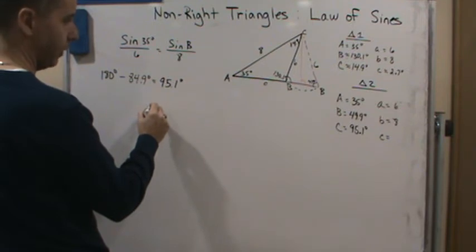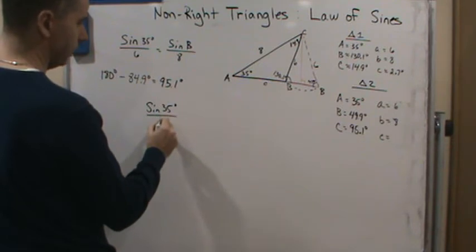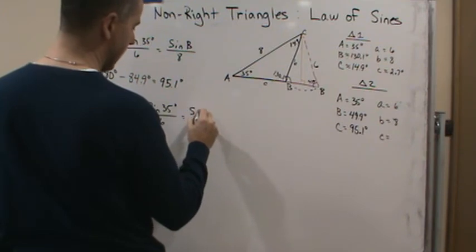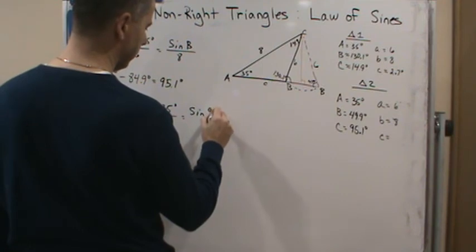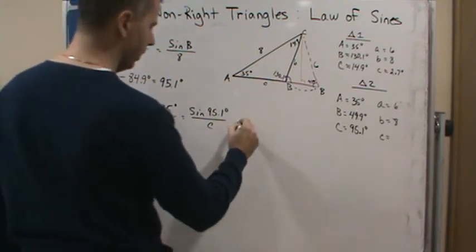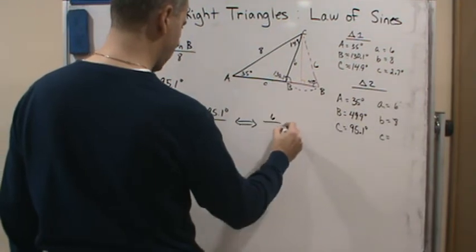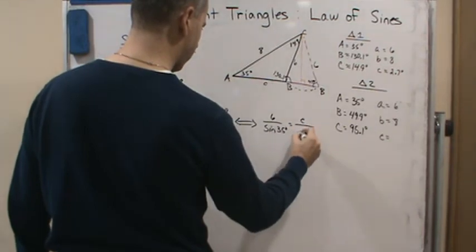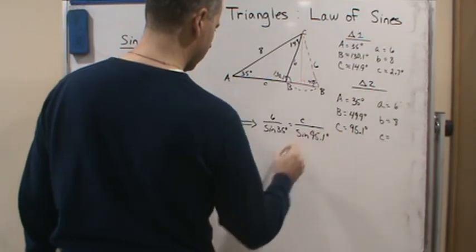So this is going to be sine of 35 degrees over 6 equal to sine of C, which is now 95.1, over C. And again, I'm going to invert both sides. So that's 6 over sine 35 degrees equal to C over sine of 95.1 degrees.